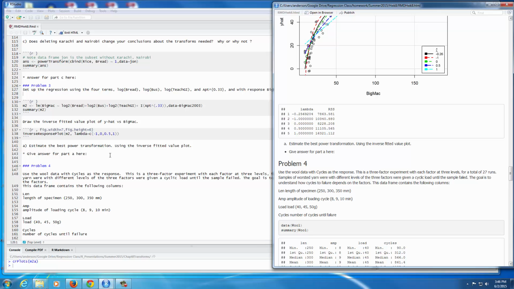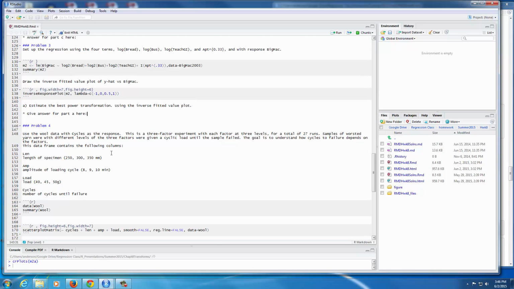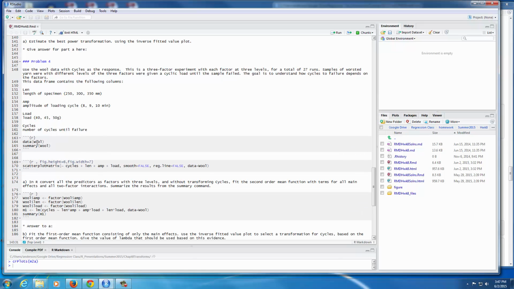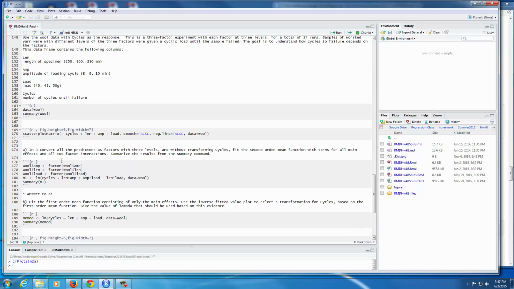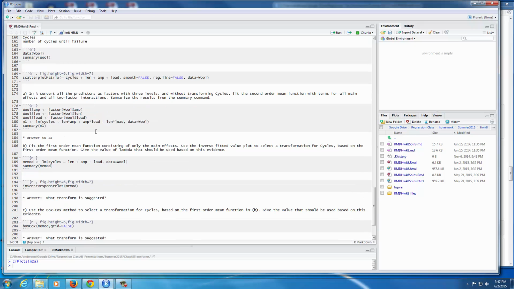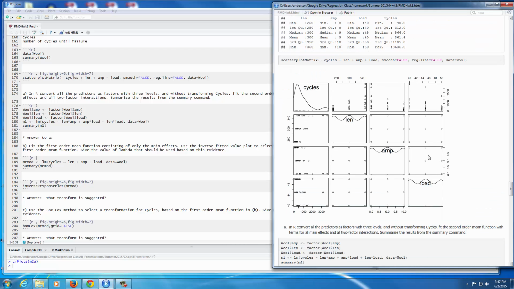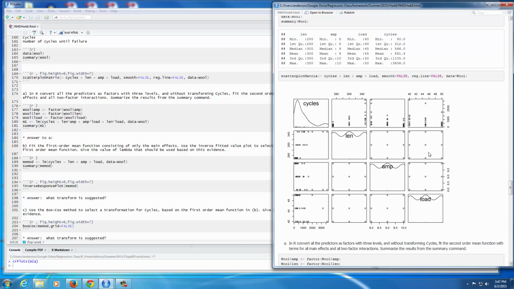In problem 4, we are going to talk about some data on strength of wool. It's a built-in data set called wool, and in line 170 we give a scatterplot matrix for the response variable cycles, the number of processing cycles till the yarn breaks. It's a measure of strength. Higher cycles means stronger.